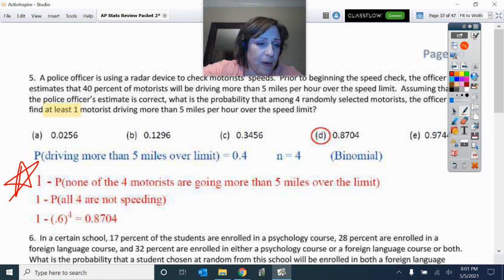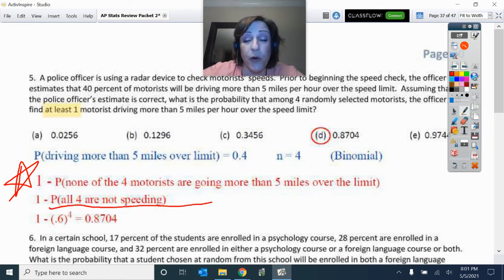So that's 1 minus the probability that all 4 of them are not speeding. Well, 40% is speeding, right? Yeah, 40% are considered the speeding. So 4 not speeding is that right there. And we do 1 minus the probability of none. That will get everything 1 and above if you do 1 minus the nones.